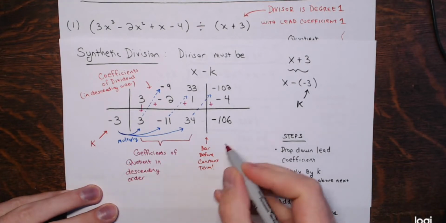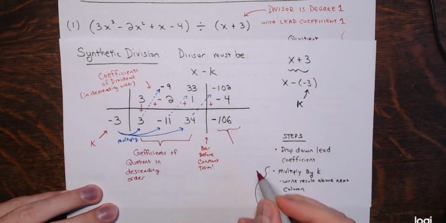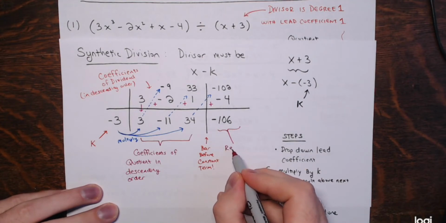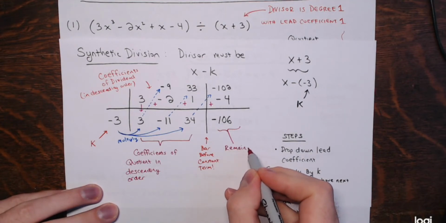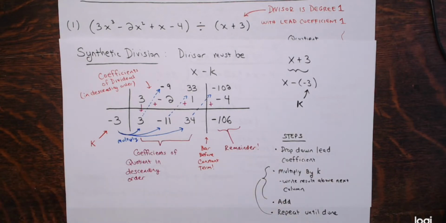And then over here, to the right of the bar, the negative 106, that's the remainder. I know there's a lot of words all over this, but I'll be doing plenty of examples with a lot less clutter.